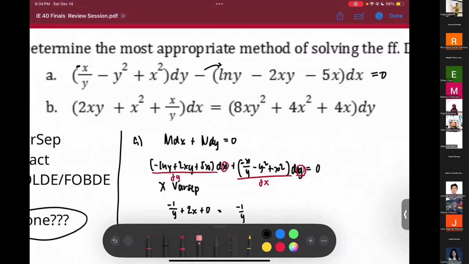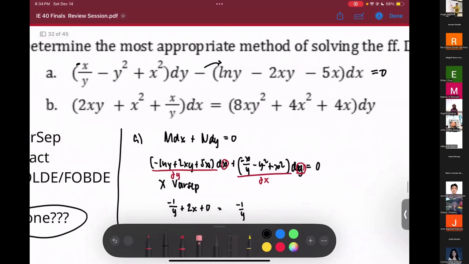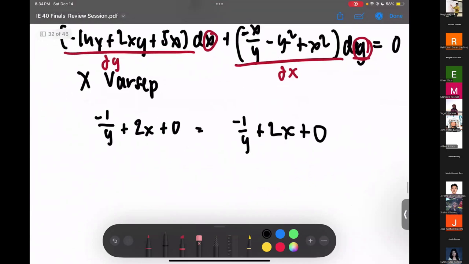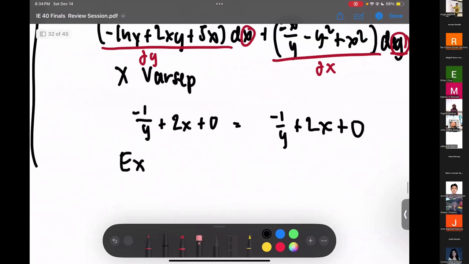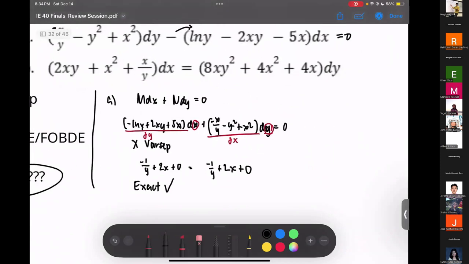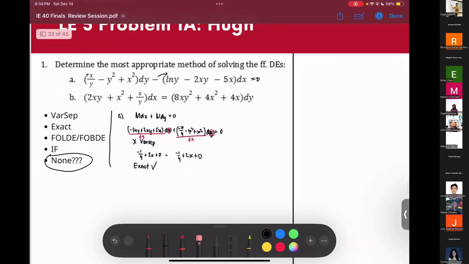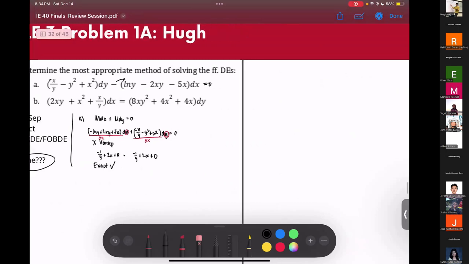Sorry. Negative 1 over y plus 2x plus 0. So because they are equal, we can conclude na exact method is allowed. So yan lang. Sinabi namang no need to solve. So that's basically the solution for 1A.